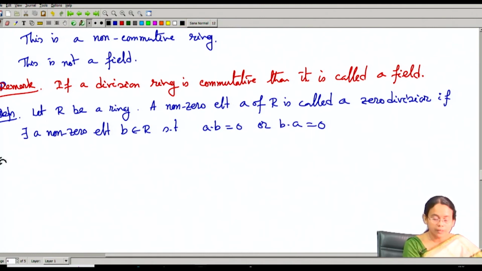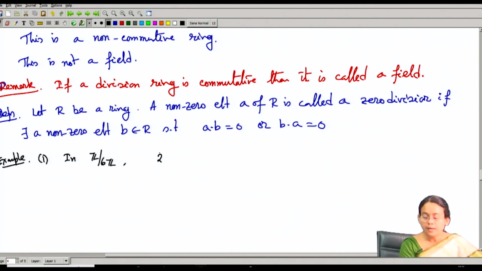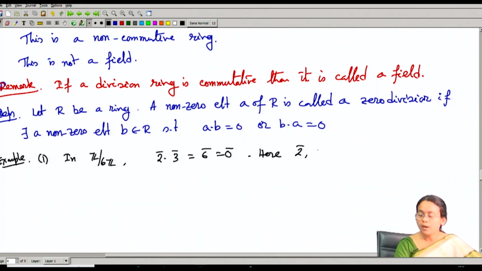So, example: if I consider Z quotient 6Z, here I can see that 2 bar into 3 bar, which is 6 bar, is nothing but 0. So, here 2 bar and 3 bar are both non-zero elements, but their product is the 0 element. So, 2 bar and 3 bar are zero divisors.